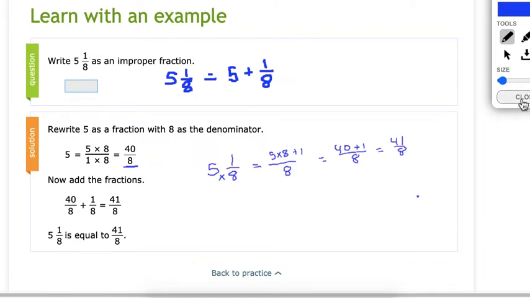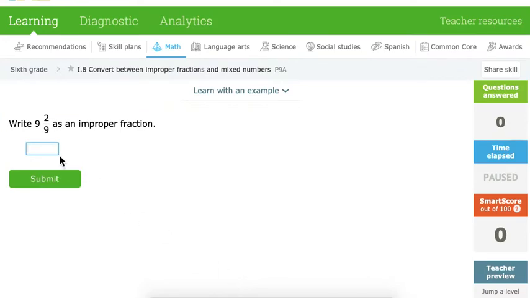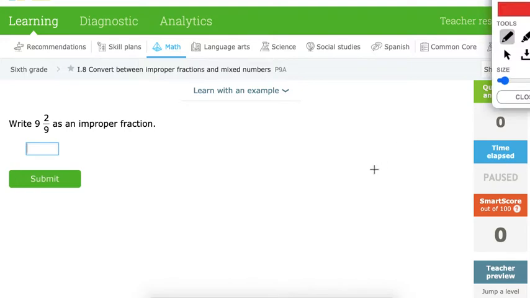So let's take a look and do a couple of these, and then we'll also learn how to write an improper fraction as a mixed number. Okay, so let's go ahead here. This one is 9 2/9, and they want us to write that as an improper fraction.